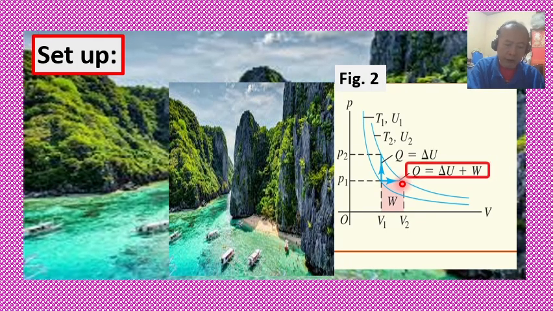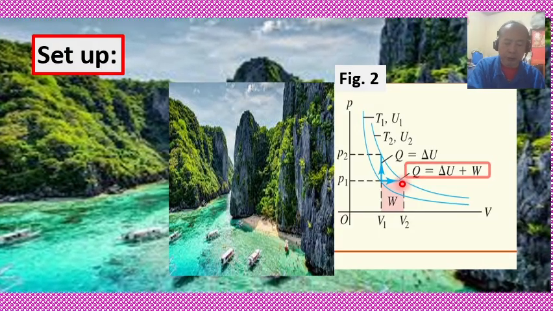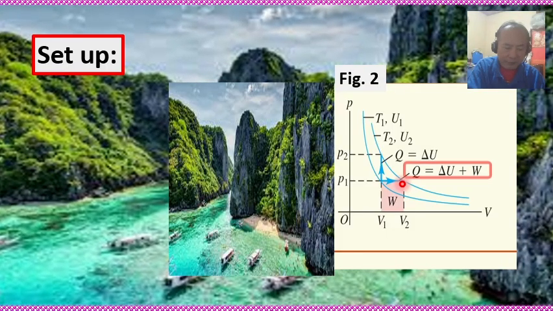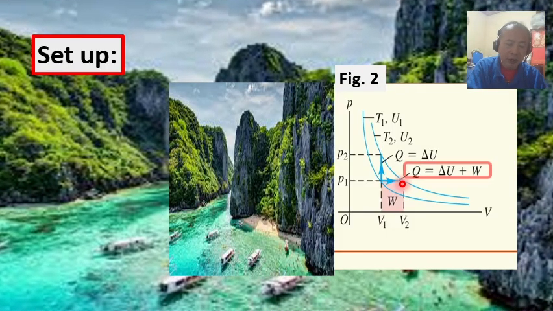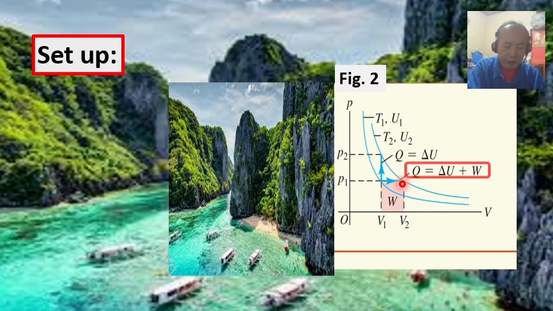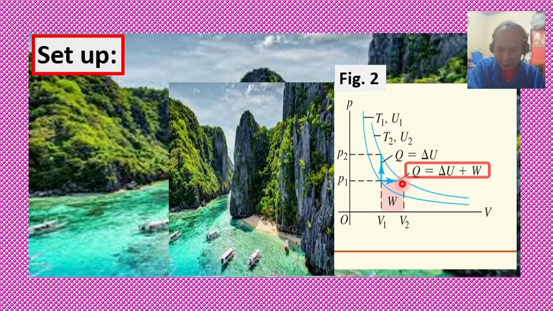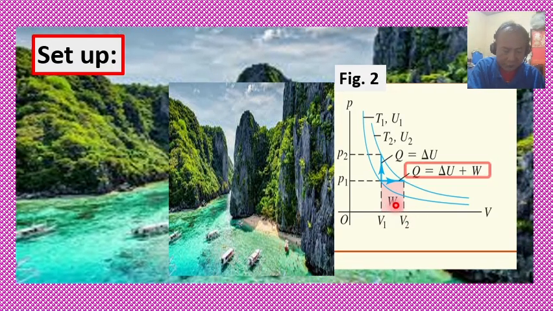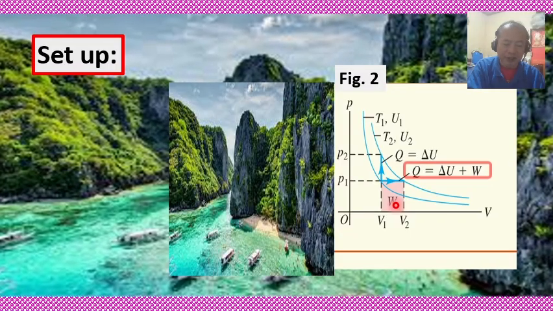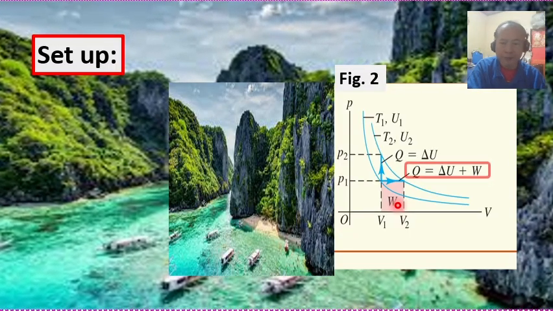So we call this an isobaric expansion of the gas. And it suggests that there is work done by the system, or by the gas, on its surrounding. And the area of the shaded rectangle represents such a positive work, right?